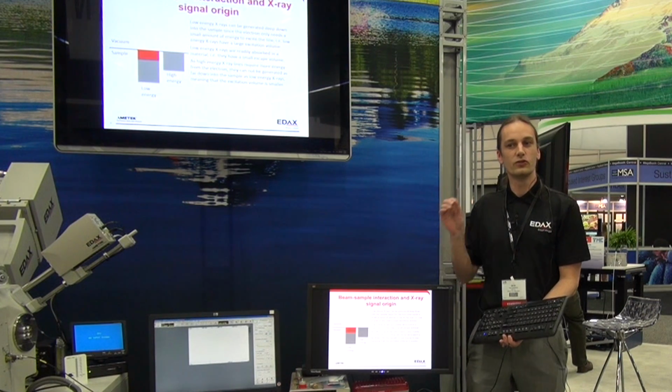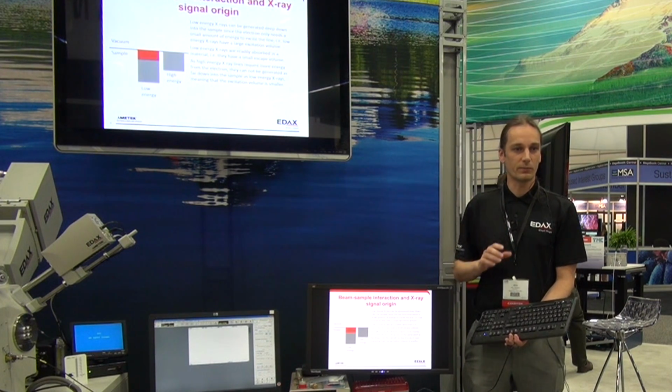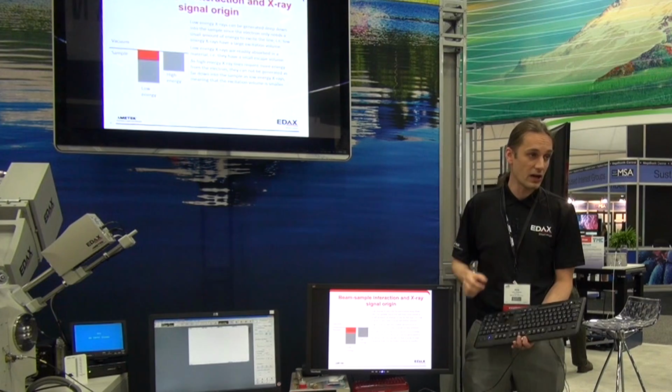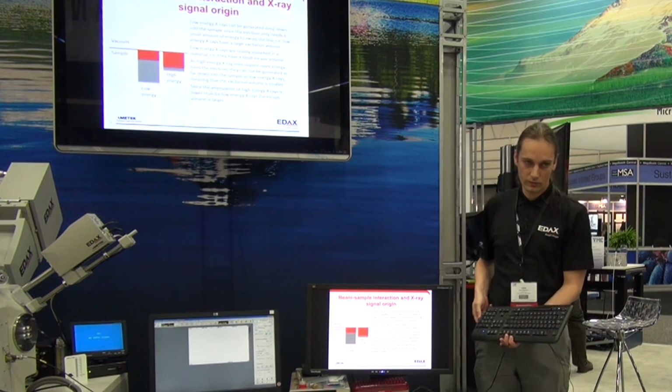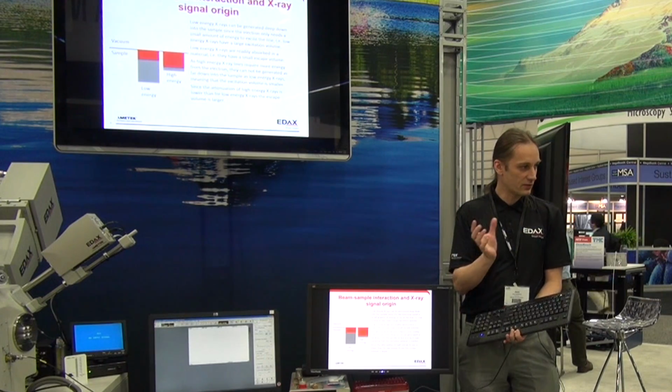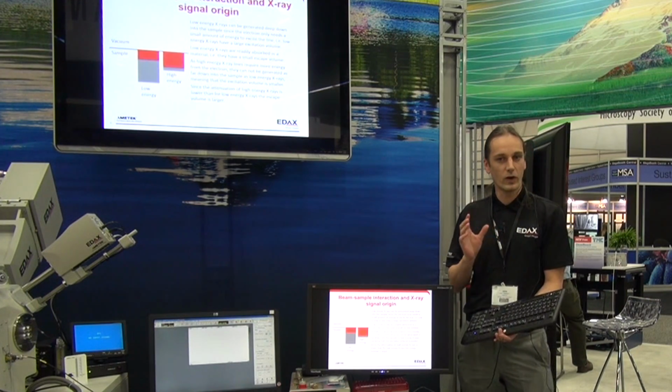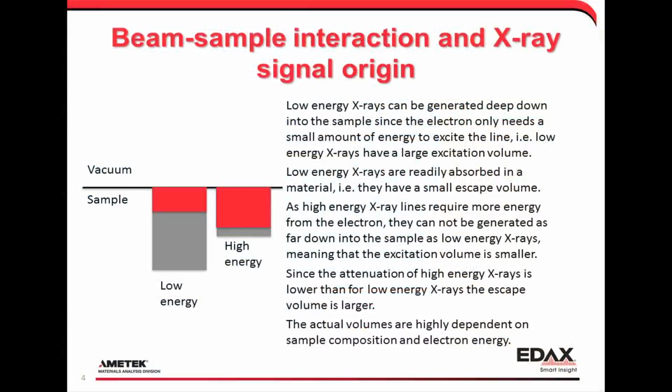However, the X-rays you do excite have a larger probability of escaping because they have higher energy. So their escape volume is larger. So you have these two effects that play into where your signal is coming from. And it all depends on your sample mix and the different X-rays that are involved that you're looking at.